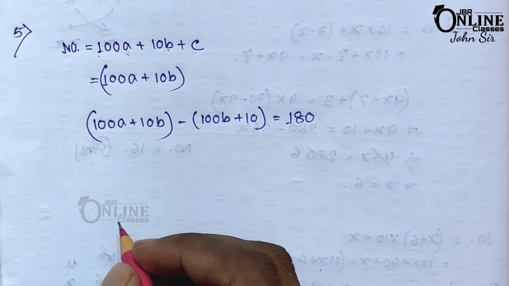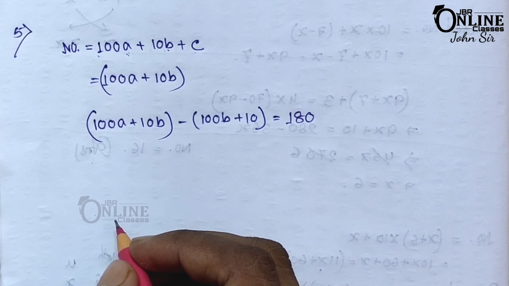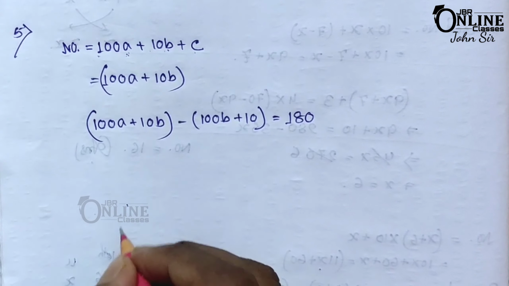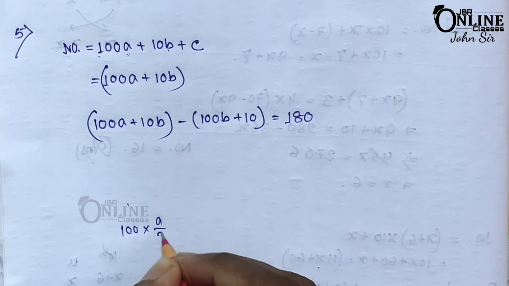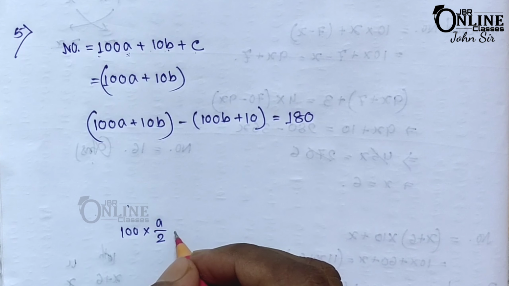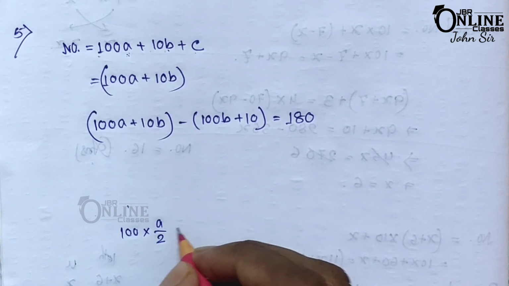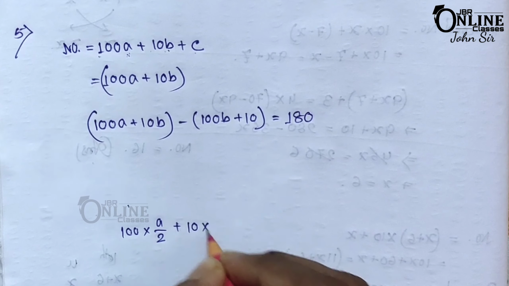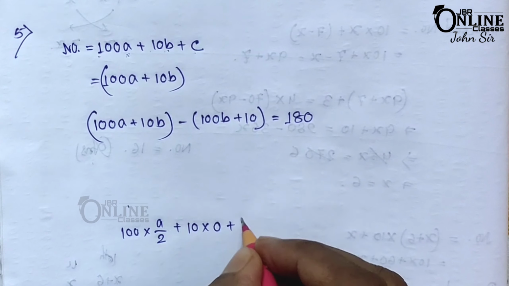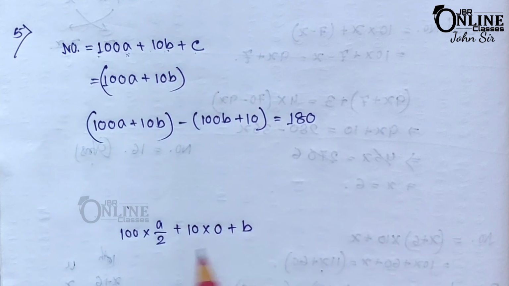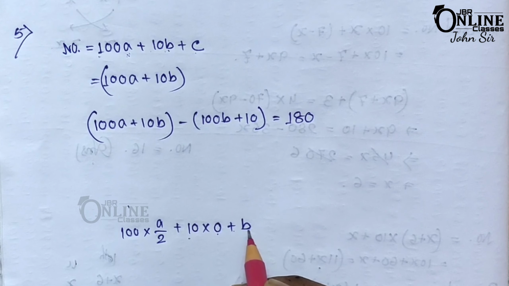If the left hand digit be halved, so here the left hand digit is A, so it will be halved, that means 100 into A by 2. And the middle and the right hand digit be interchanged, so here C, that means 0, will now be the middle digit, and the last one will be B. So that means 10 into 0 and then B.